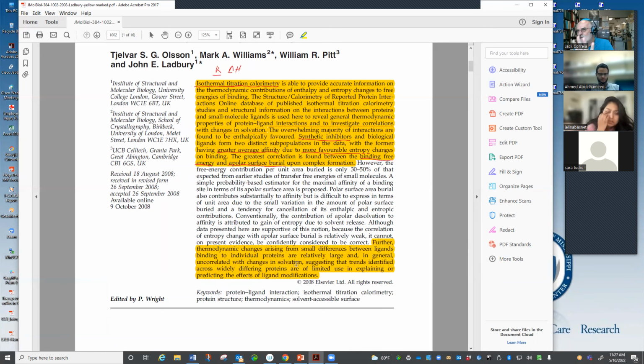So if we looked at the enthalpy and the entropy data, the burials of surface, et cetera, is not explaining it. The trends identified across widely differing proteins are of limited use in explaining or predicting the effects of ligand modifications. A way of summarizing that is it's complicated. It's more complicated than we understand, and we need to do a lot more work.